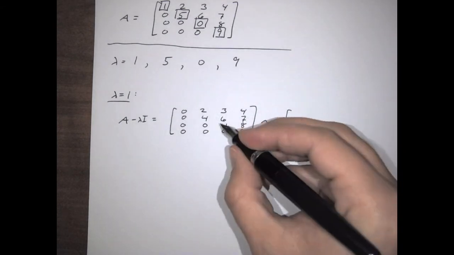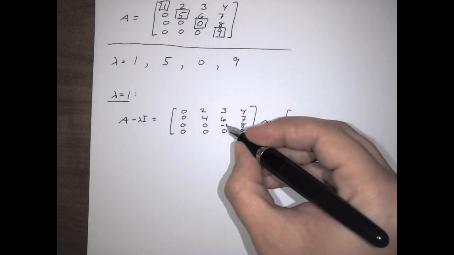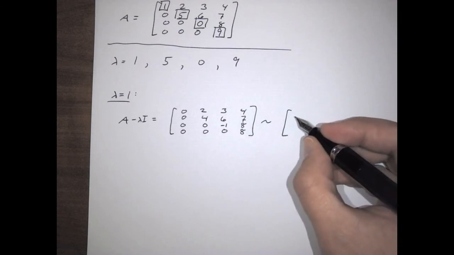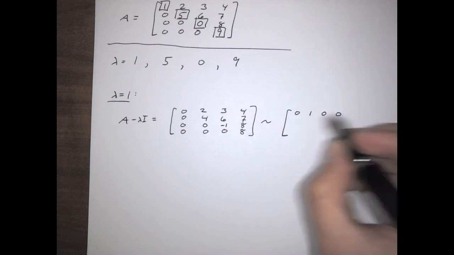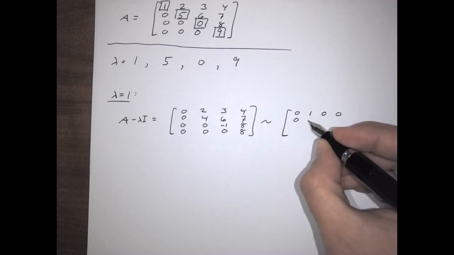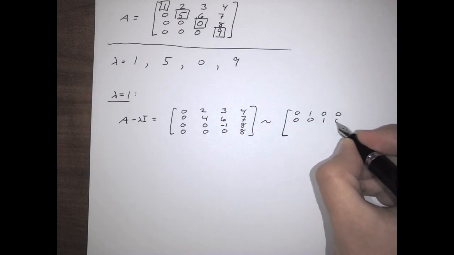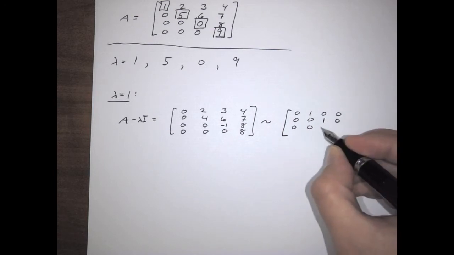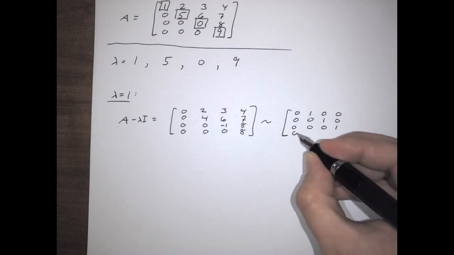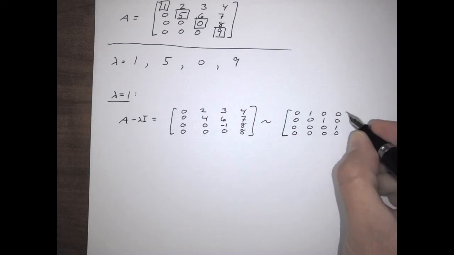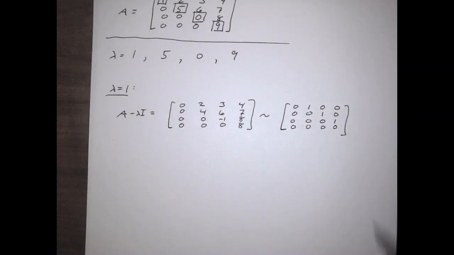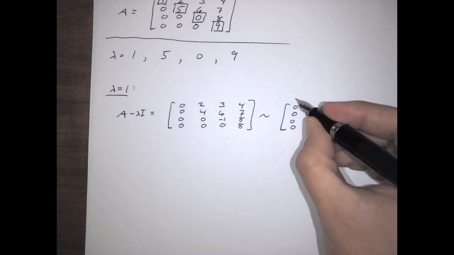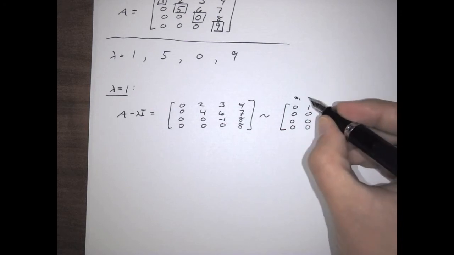But I can predict with some confidence here what this is going to look like when I row reduce it, and it's going to look like 0, 1, 0, 0, 0, 0, 1, 0, 0, 0, 0, 1, and then 0, 0, 0, 0. So if you're not as confident as me, you can go through the steps, or you can use technology to do this row reduction. But we'll notice here that what we've got is only x1 as a free variable.